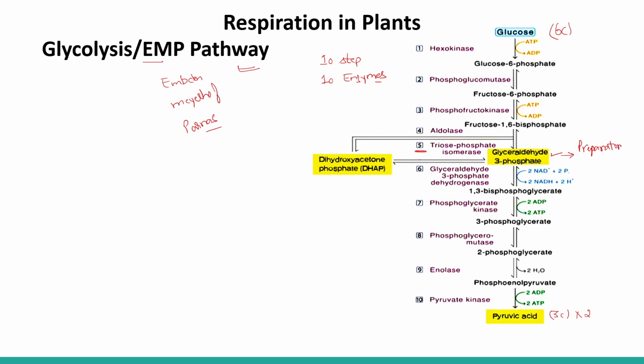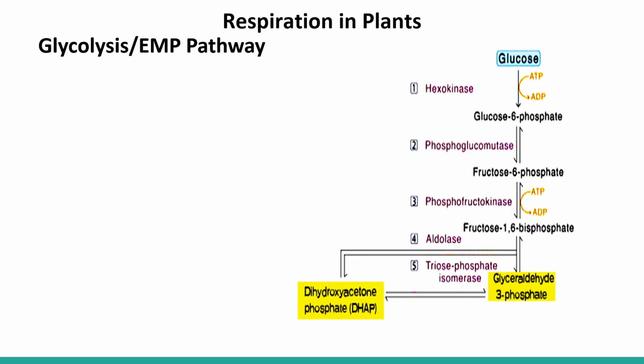During this phase ATP is consumed. You can see these are the phosphorylation steps where ATP is consumed. Later on, after the preparatory phase, ATP is synthesized. So this is the breakdown of the glycolysis pathway.